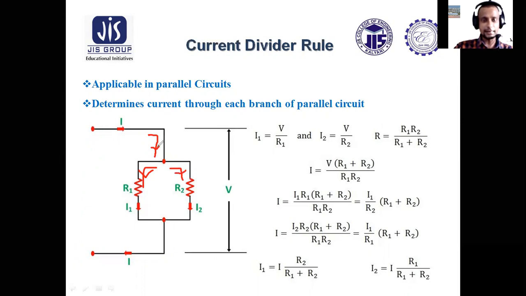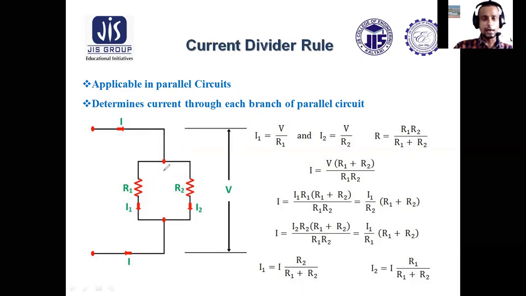As the main current gets divided into different currents, and as this rule involves determining the current through each path, it is termed as current divider rule. How much current gets divided into different paths could be calculated using this rule.